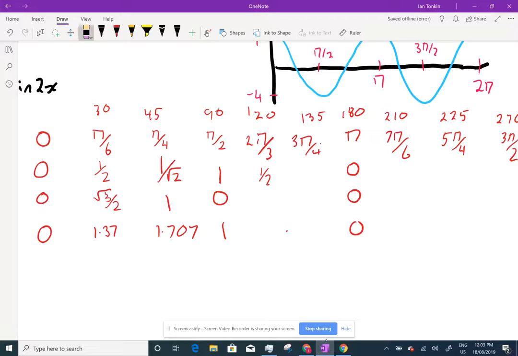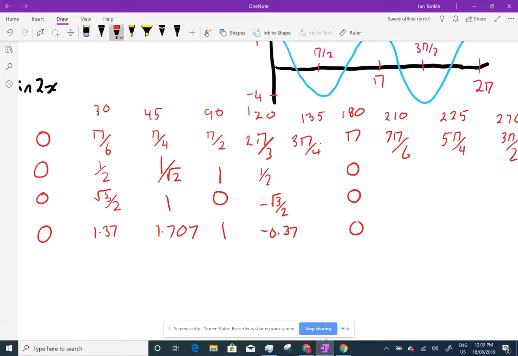Because that's double, that's going to be 240. Sine's going to be negative. It's going to be the same value, but negative root 3 on 2, which gives you 0.5 plus root 3 on 2 negative, negative 0.37.